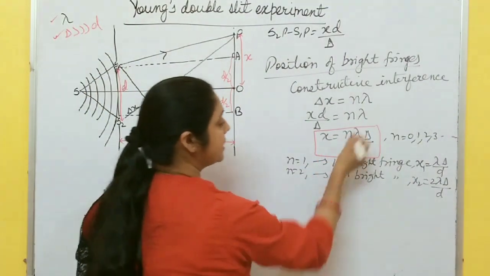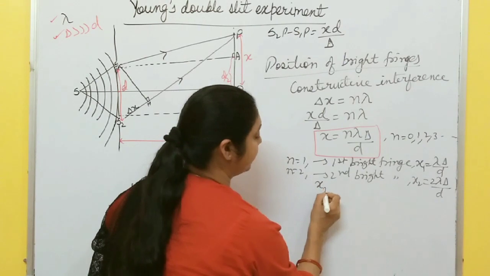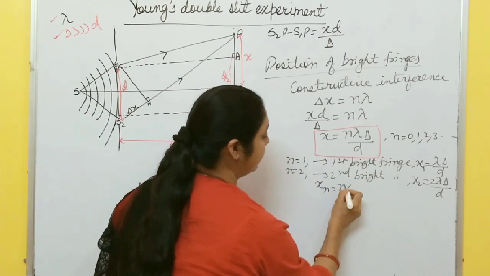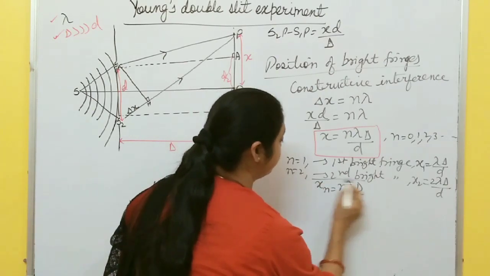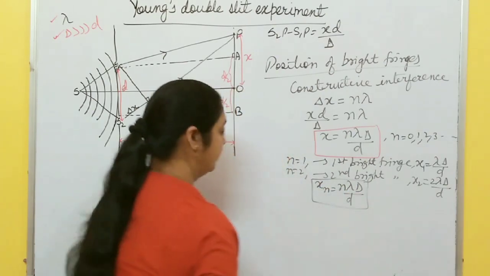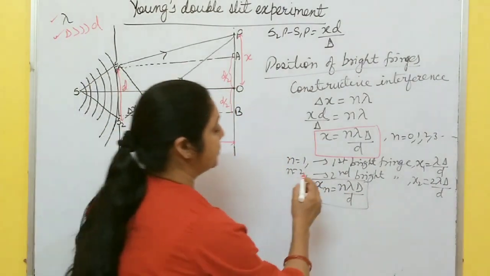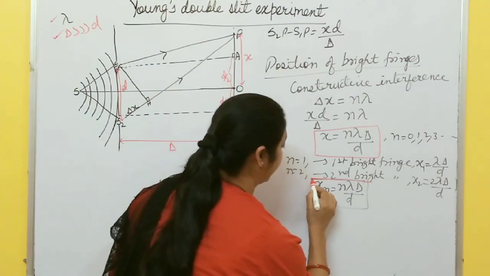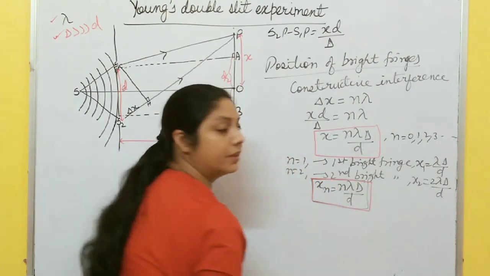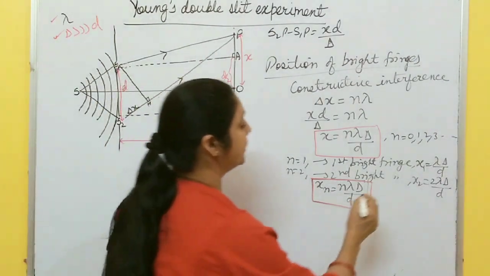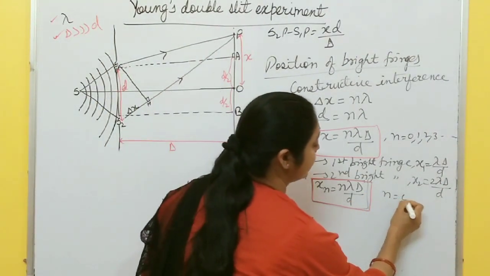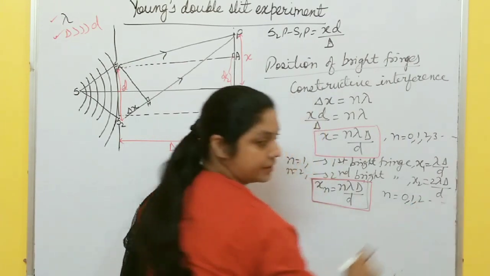In this way, this is the position of the nth bright fringe, x n equal to n lambda capital D by small d. You must remember this formula. It's very, very important. This is the position for a bright fringe, where constructive interference takes place. Here n is equal to 0, 1, 2, and so on.